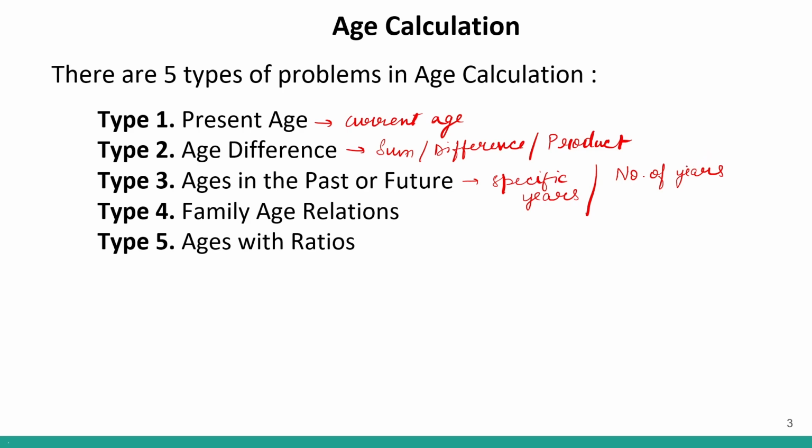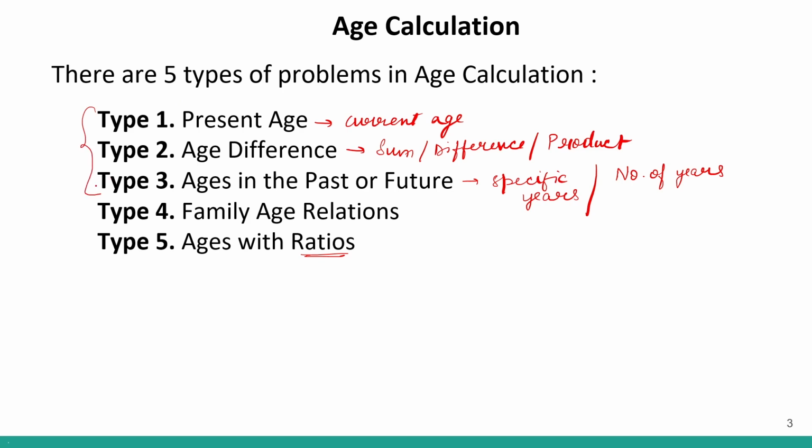Family age relations means that ages of certain members of the family, children, grandchildren, mother, father, will be given to us, and based on that information, we have to find the age of other family members. And ages with ratios means that certain ratios will be given to us, and based on those ratios, we have to solve the question.